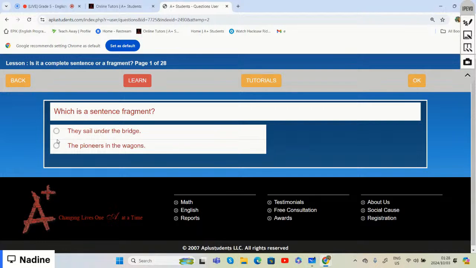Or is it option two, the pioneers in the wagon?